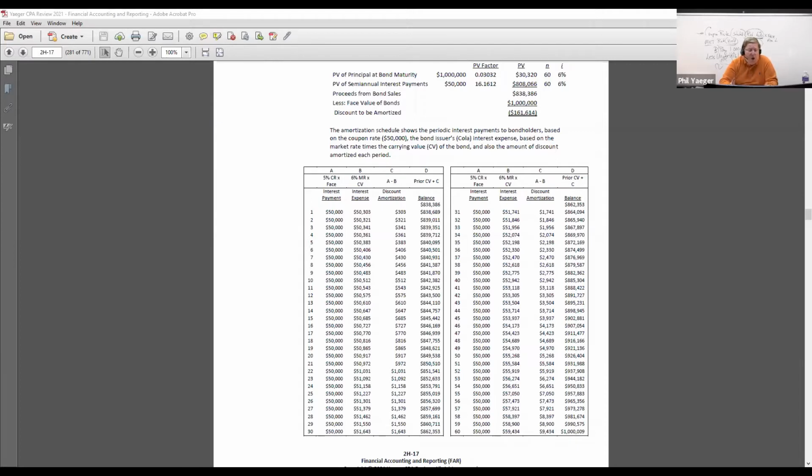Why? Because I bought a bond from a corporation, and the contract says you're going to pay me every 6 months a certain stated rate, and I don't care if you sold the bonds at a discount or premium. I know that I'm going to get the stated rate times the face amount of the bonds.